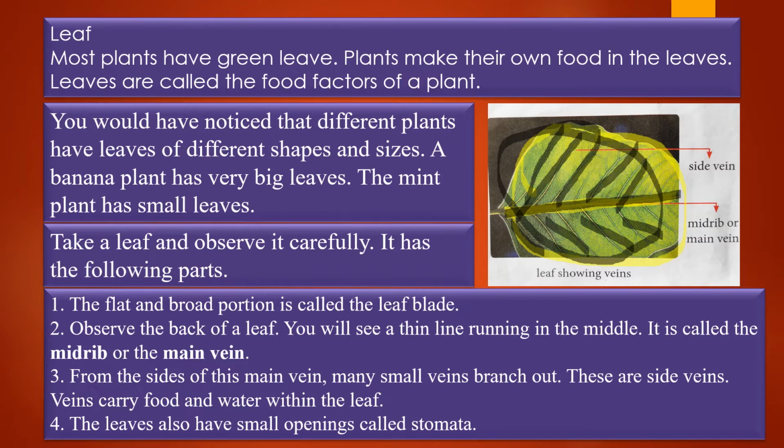The main vein is called the midrib, the middle vein, and the others are branches called side veins. These veins help to carry food and water to different parts of the leaf. Stomata are tiny holes on the leaf. These holes help it to breathe.